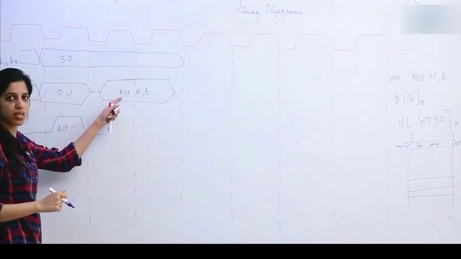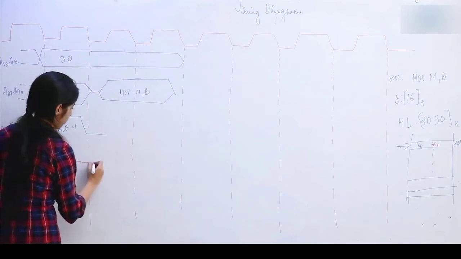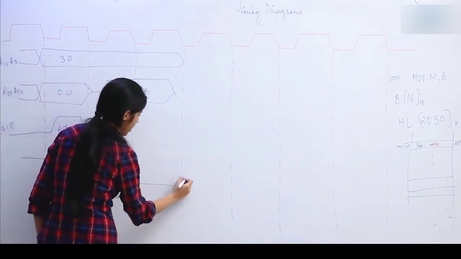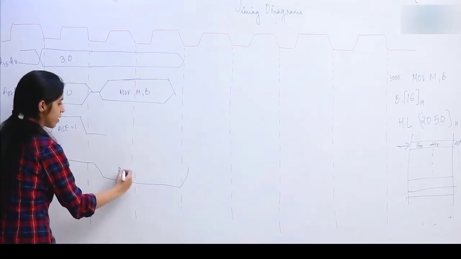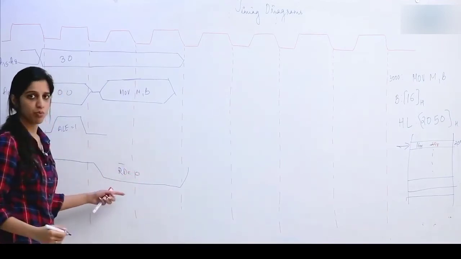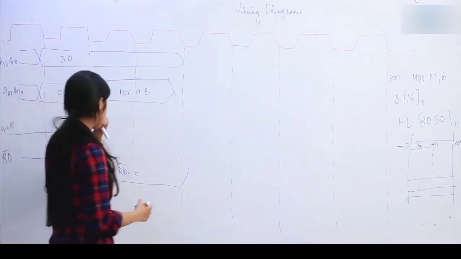To read this instruction, you will have to make read bar 0. This is read bar. As soon as you make read bar 0, you are going to get MOV M, B in this data bus.